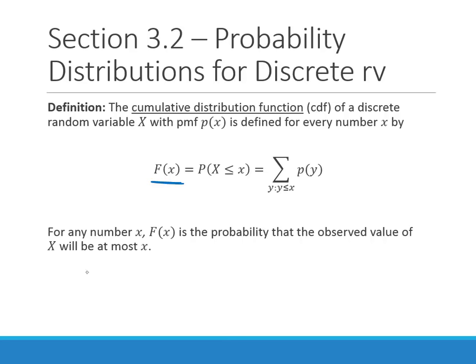And so here's maybe a nicer way of reading it. For any small lowercase x, the CDF of that number is the probability of being less than or equal to that number, or at most that number. So the probability of being at most x. And again, we find that just by summing up all the probabilities for all the numbers that are less than or equal to little x.